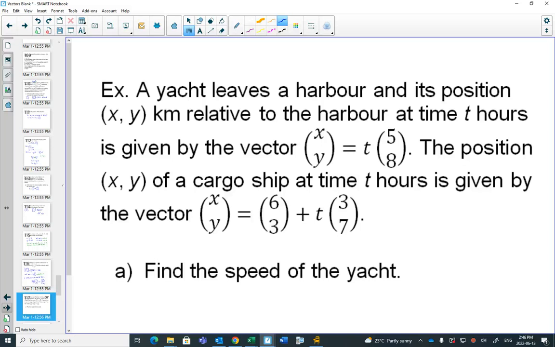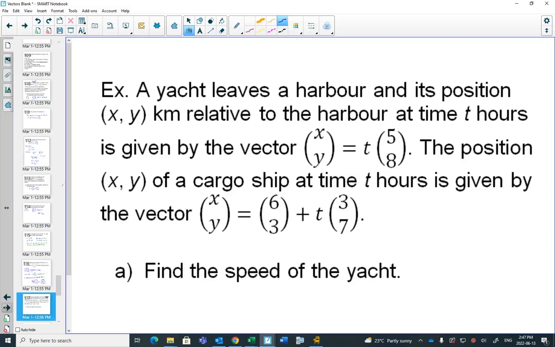Okay. A yacht leaves a harbor. Ooh, it's a sanctioned yacht, so we're after it. This is a good boat on the water question, right? It leaves a harbor at time t hours given by this vector, (x, y) = t(5, 8).